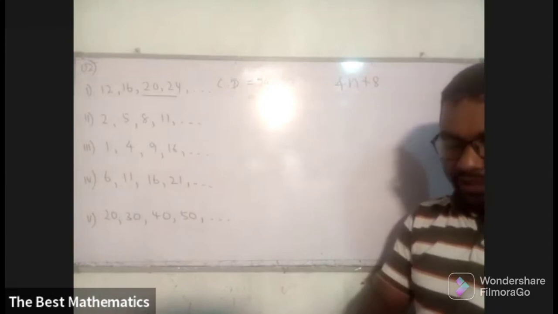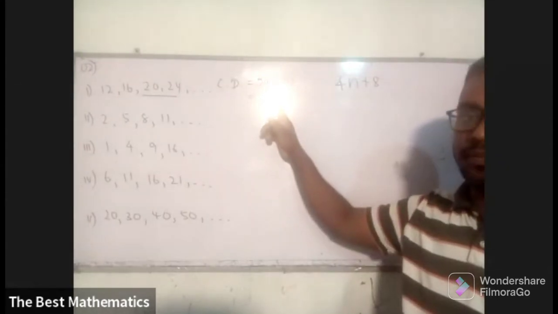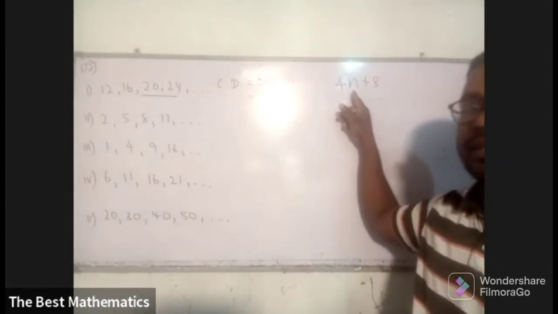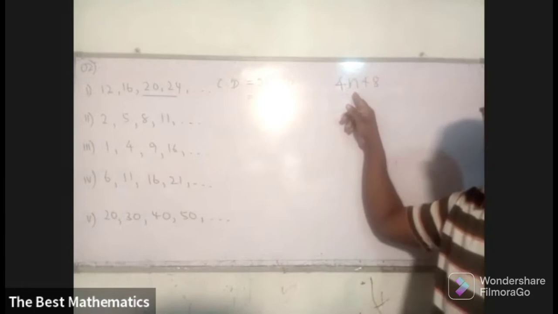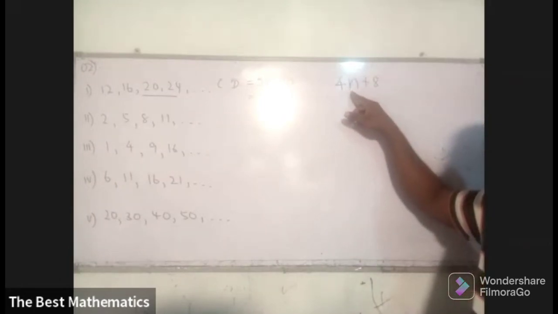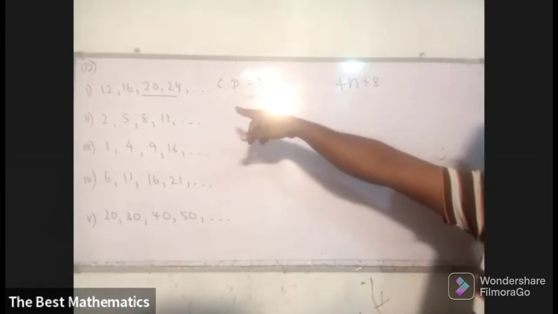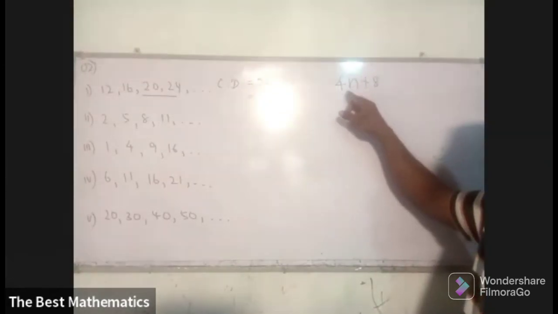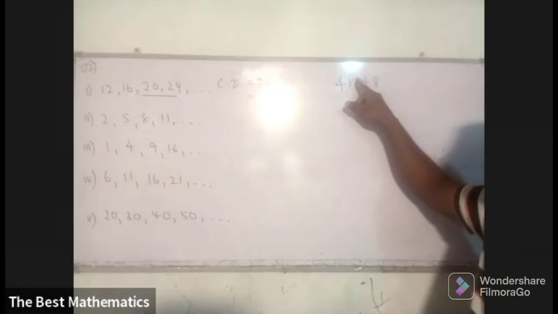Yes, again look here. Find the common difference. Apply n for that. And then find what you have to do to get the first term when n is 1. 4 times 1 is 4, so this term becomes 4.